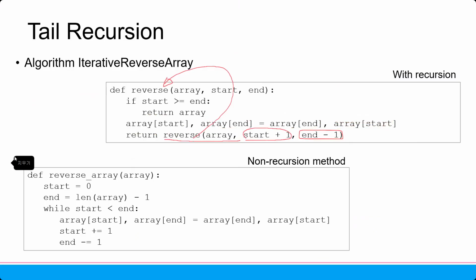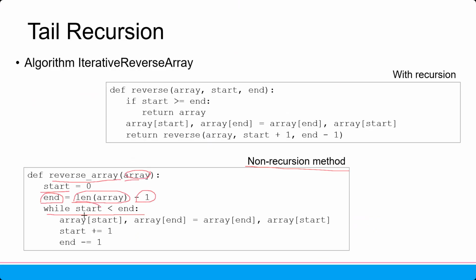If you do it with the non-recursive method, then you can use one array and define the starting point and the ending. The ending is based on the length of the array minus 1. And we check if the start is less than the end, then do the swapping.